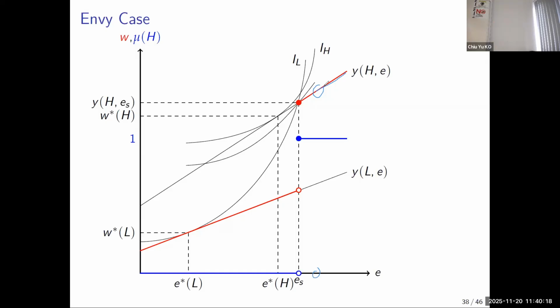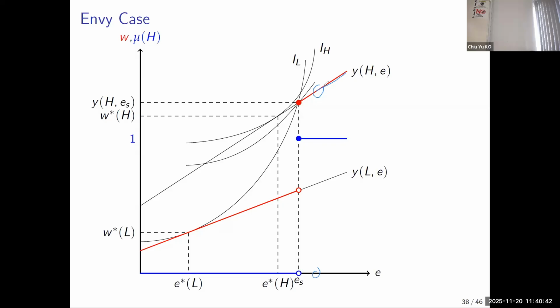If you just draw a picture, this is also a separating equilibrium, but it will violate the dominated group, because for this one, it's a separating equilibrium, right? And low type doesn't want to mimic high type, right? And high type doesn't want to mimic low type, right? But in this case, high type is getting way more education. Okay.